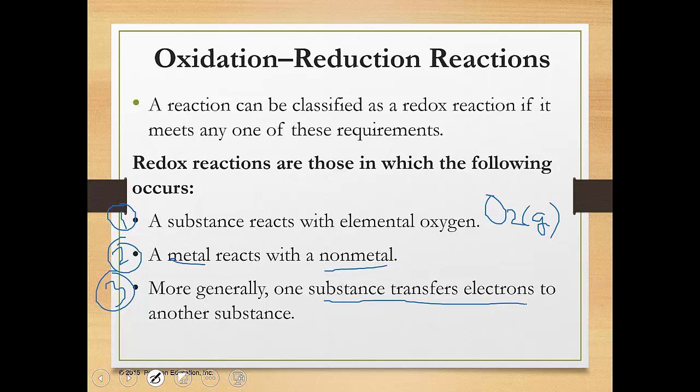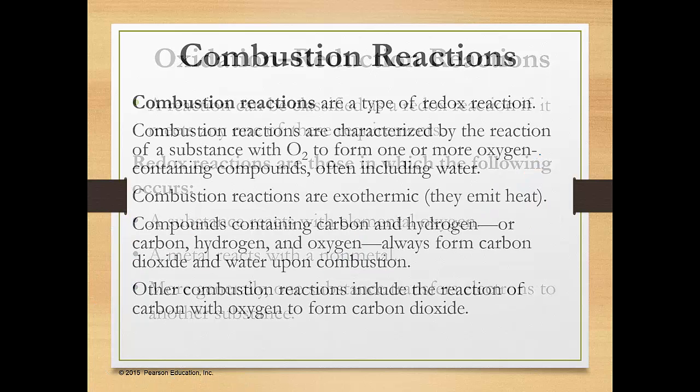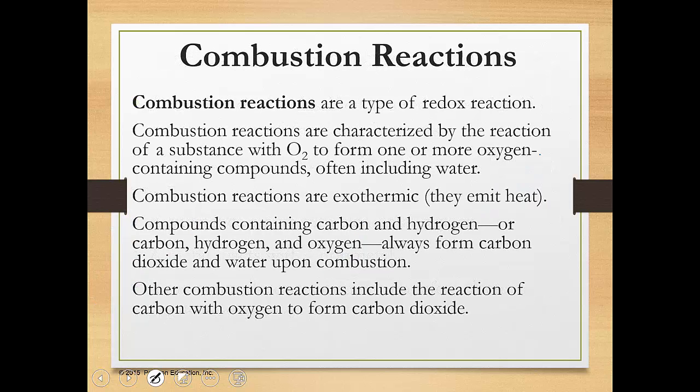Now, you may not be able to recognize if electrons are being transferred, so what you're looking for are things that are changing charge. I have a charge on one side and a different charge on the other. So look for metals and nonmetals. Look for oxygen. Not all of these things have to be in the same redox reaction, but these are tip-offs that's what you're looking at. So if you can't classify it as anything else and you've got those, you've probably got a redox.